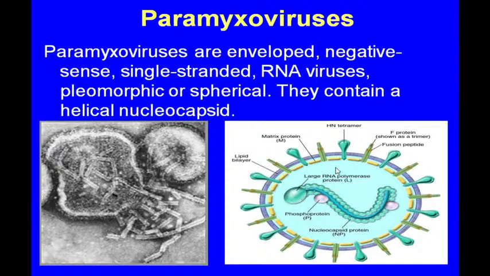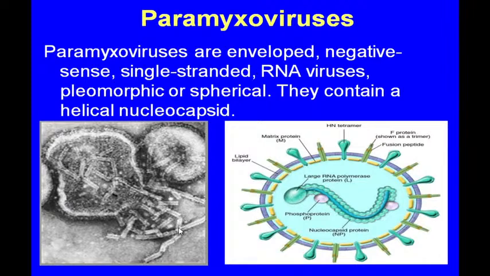This is the simplified scheme, and this is the electron microphotograph. You can see here how the nucleocapsid, which was spirally shaped, comes out of the virion when the supercapsid is disturbed.